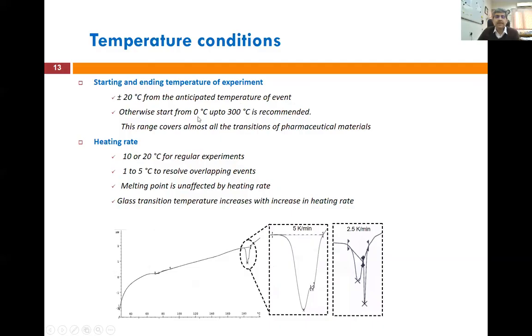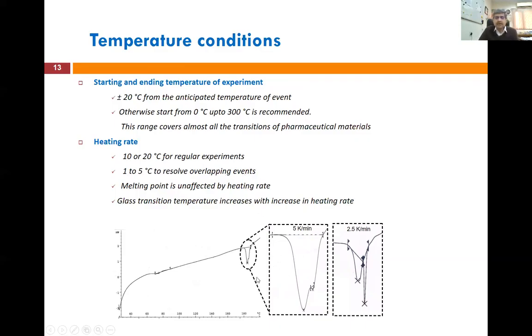Otherwise, you can start from 0 degrees Celsius or room temperature and heat it up to 300 degrees Celsius. This range covers almost all the transitions that are usually observed in the case of pharmaceutical samples. 10 or 20 degrees Celsius per minute is the heating rate for regular experiments, but you can use a slower heating rate as well to resolve the overlapping events.